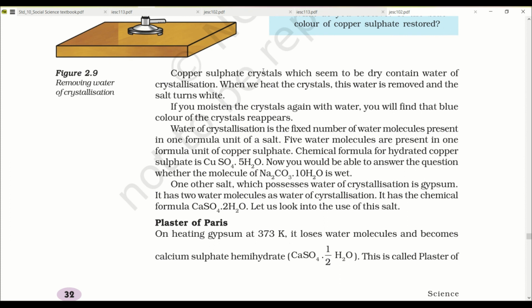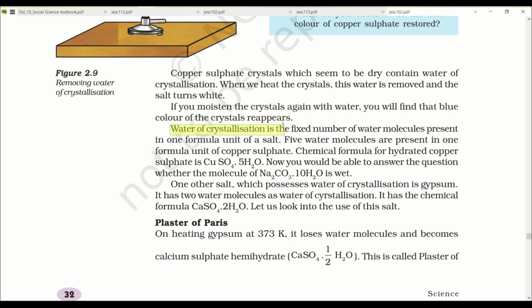Copper sulfate crystals which seem to be dry contain water of crystallization. When we heat the crystal, this water is removed and the salt turns white. If you moisten the crystal again with water, you will find the blue color of the crystal reappears.